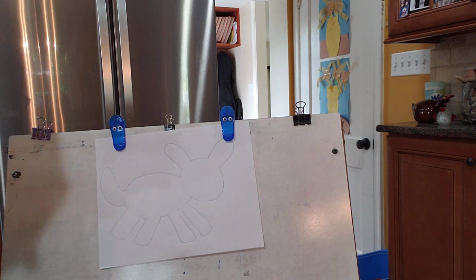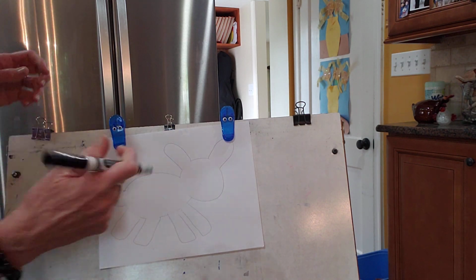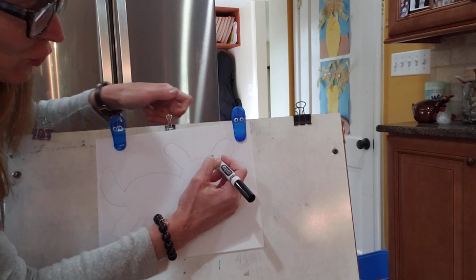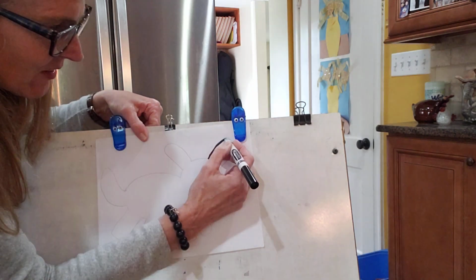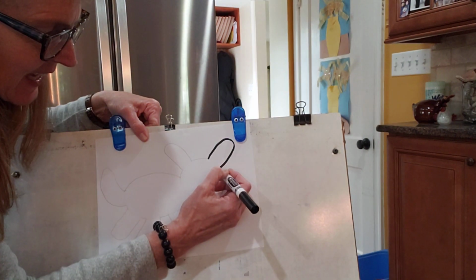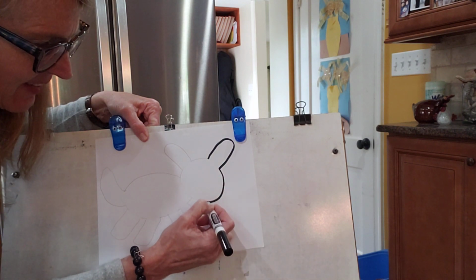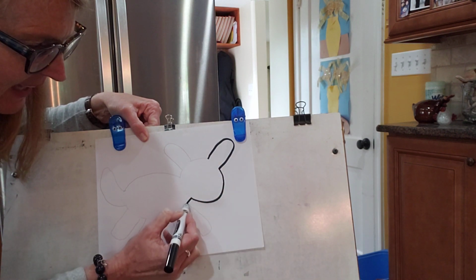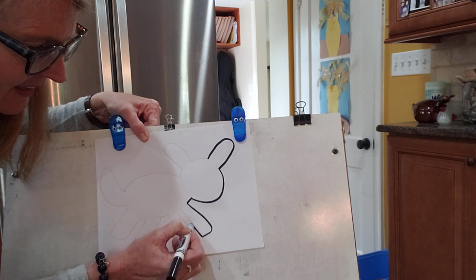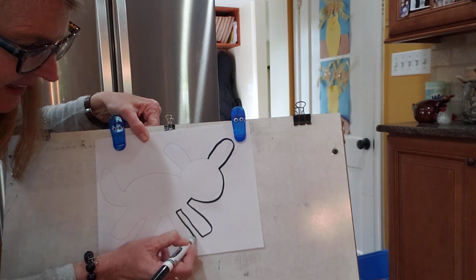Now what I'm going to do is I'm going to take a black marker and I'm going to trace my lines. This is so when I go to cut it, I can see my lines. Okay?